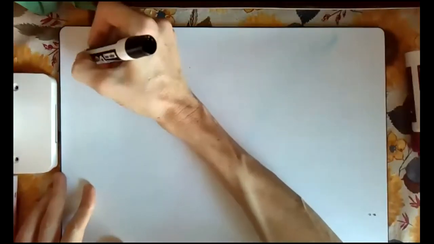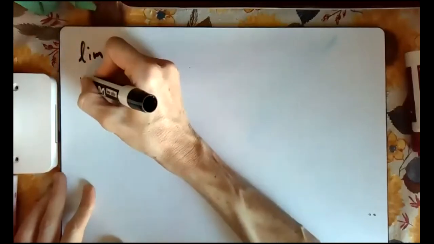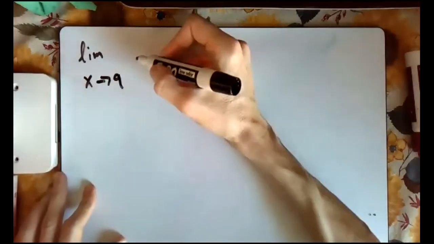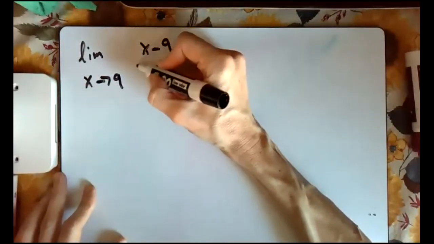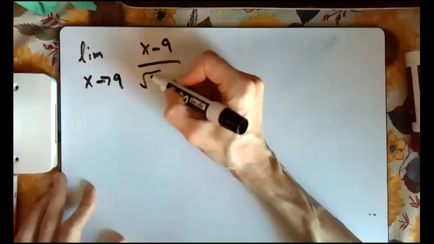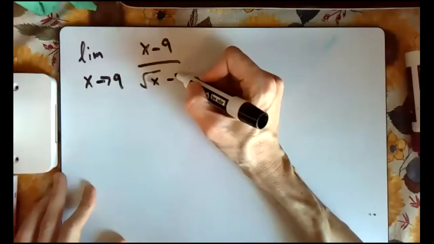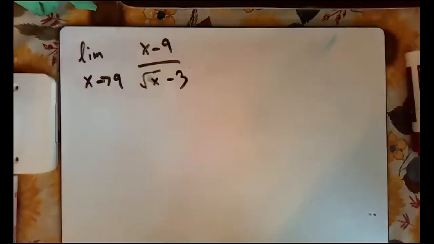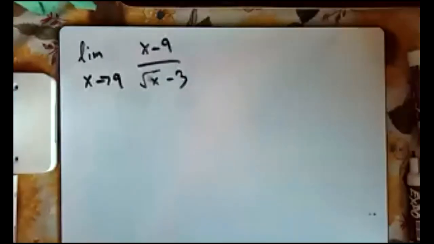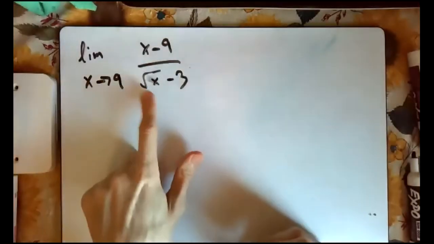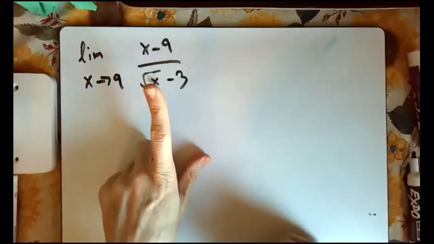All right, let's check this one out now. So now we have the limit as x approaches 9 of x minus 9 over the square root of x minus 3.